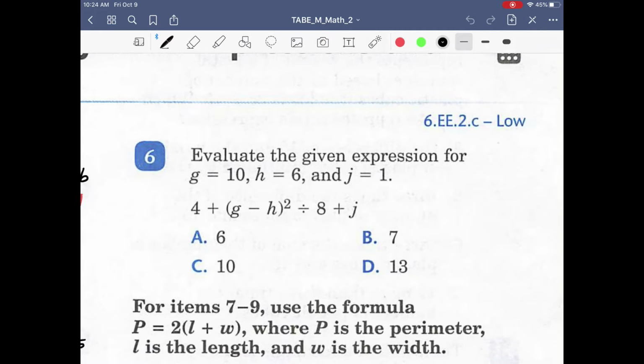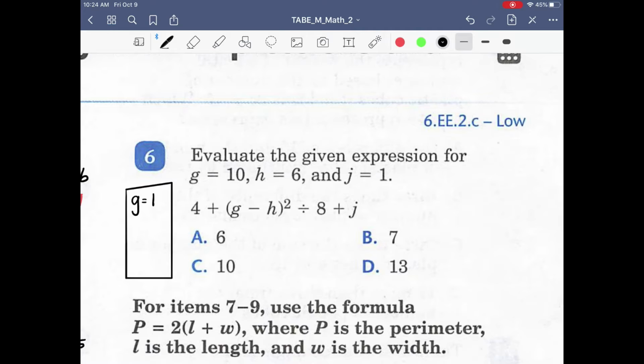Number 6. Evaluate the given expression for G is 10, H is 6, and J is 1. So I'm going to set up my variable box with the values that I'm given.